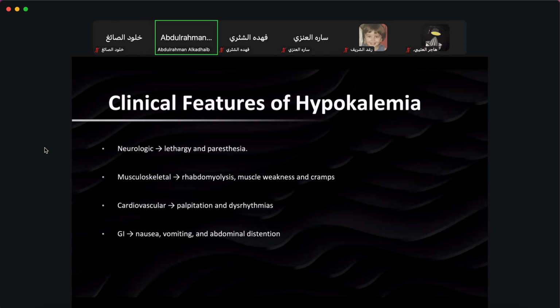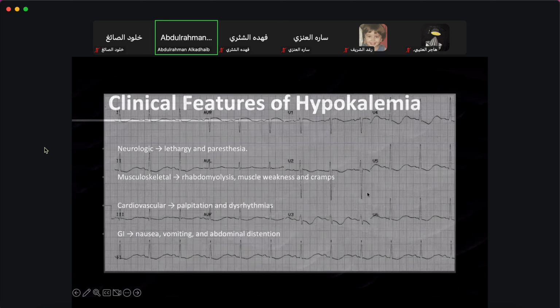And once we correct the potassium level, they immediately start to walk and move their limbs. Cardiovascular manifestations of hypokalemia may include some types of arrhythmias that we'll talk about later. Again, the clinical features may include GI symptoms such as nausea or vomiting.